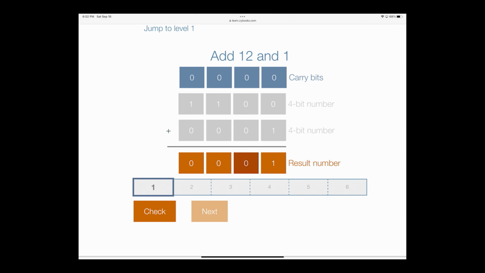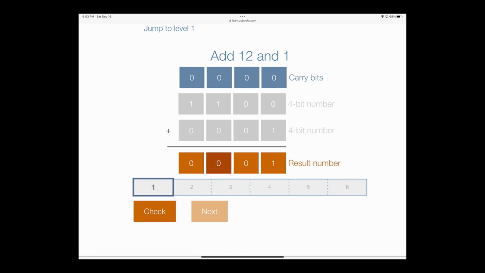In that column, the two gray numbers are what we're looking at. 0 plus 0 is 0. So that's all done. So we move over to the third column. In this column, we have blue, and the carry bit is 0, and then 1, and then 0 in the gray numbers.